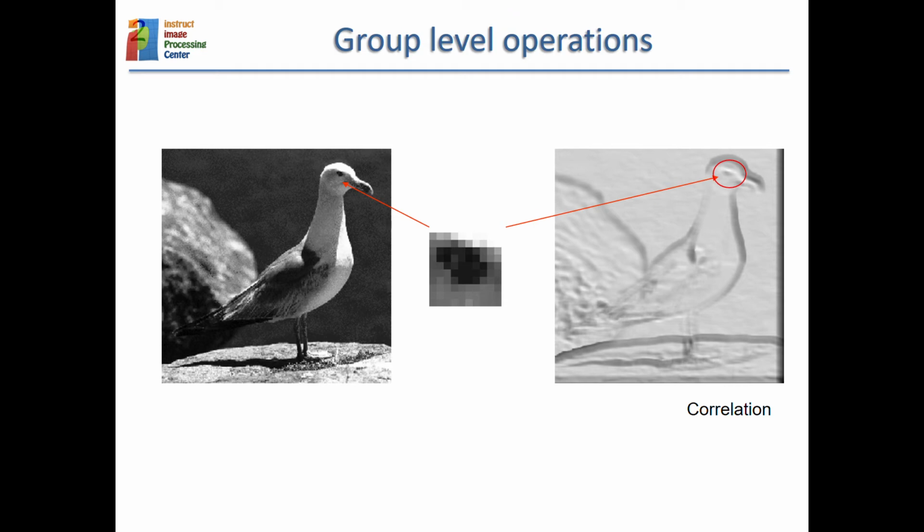So for instance here, let's say that you want to pick the eye of this bird, so you assign a kernel that is actually the eye of a bird, and then you convolve it on the whole image, and because of this convolution one of the output values will be the maximum, and this maximum is exactly at the location of the eye of the bird.